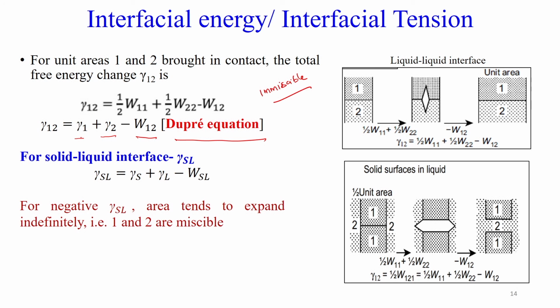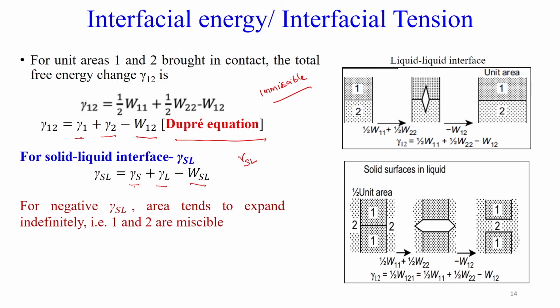Now, let us consider it in terms of a solid-liquid interface. In the case of solid-liquid, 1 will be solid and 2 will be liquid. So, gamma solid-liquid, we can write gamma 1 means gamma solid, gamma 2 gamma liquid, minus W solid-liquid.